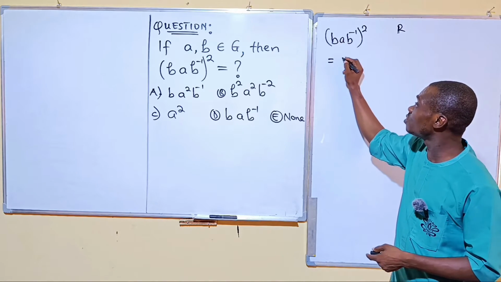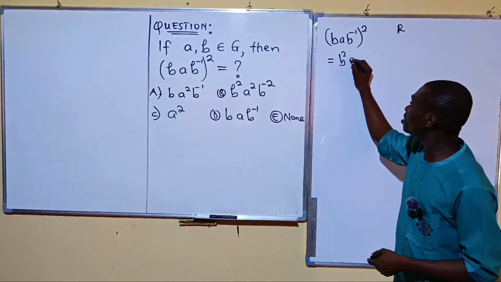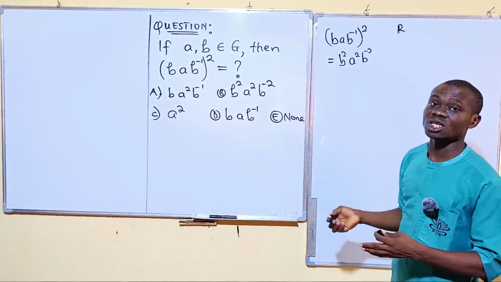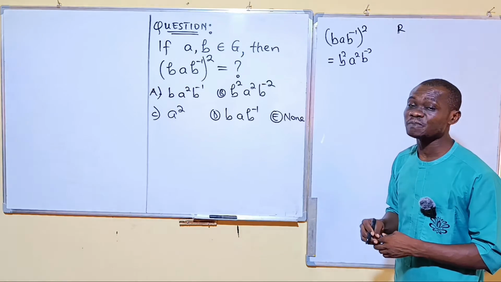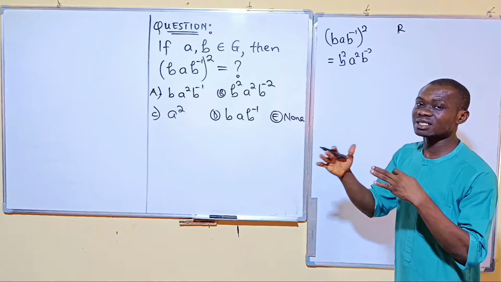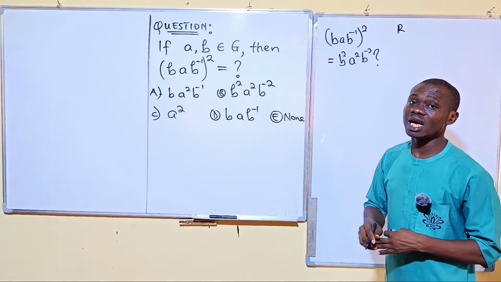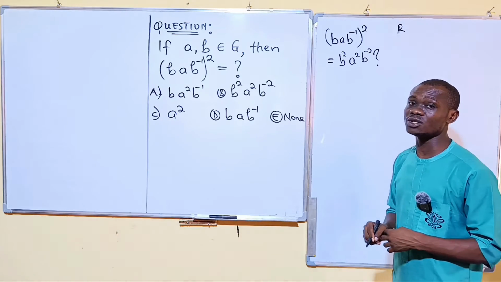So if you distribute this, it should give you B squared, A squared, B inverse squared. But in general maths, where we have groups or sets that behave in different ways, is this really true? The answer is what we are going to see.